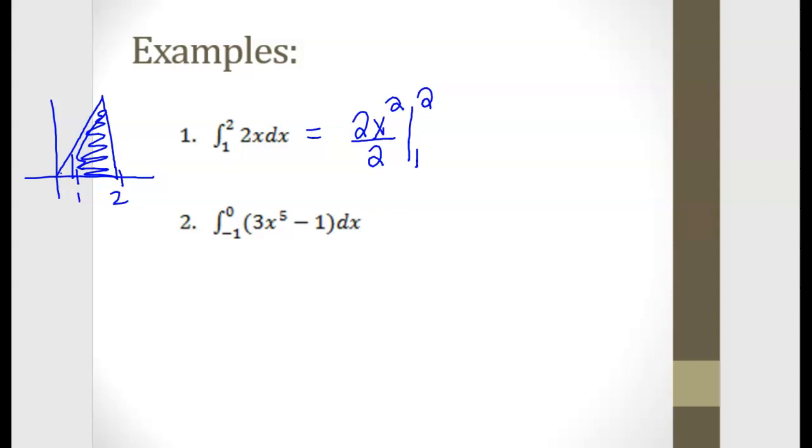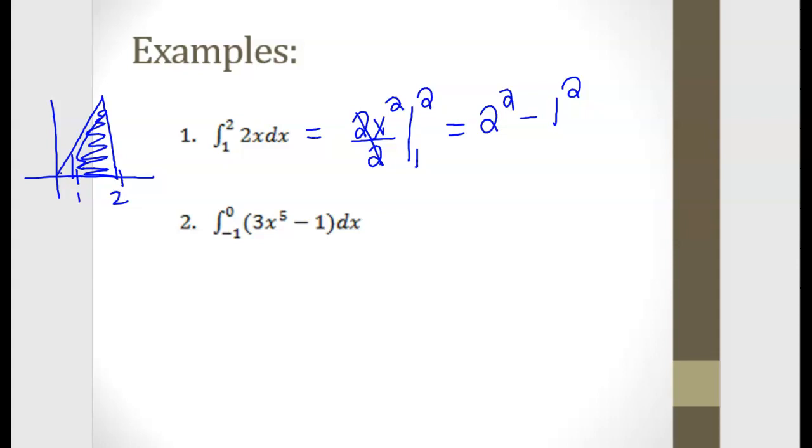So you could find the area using a trapezoid, but now we can also find the area using our reverse power rule. So the 2's are going to cancel. And then we're going to plug in the upper bound. So we're going to plug 2 into x squared, and subtract from it the lower bound plugged into it.